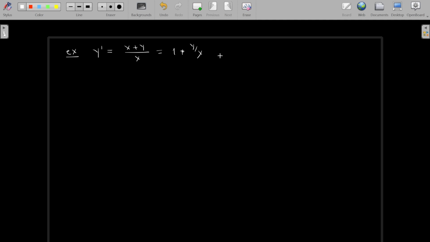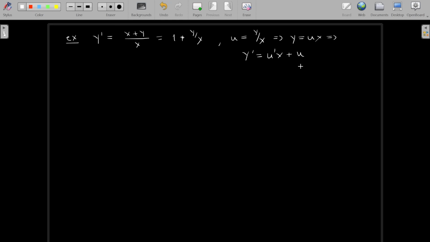In these cases, the transformation we are going to use is, let's say, we change the variable u to y over x, meaning that y is equal to ux, and differentiating, y prime is equal to u prime x plus u.